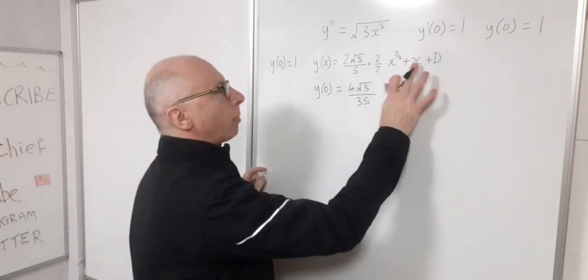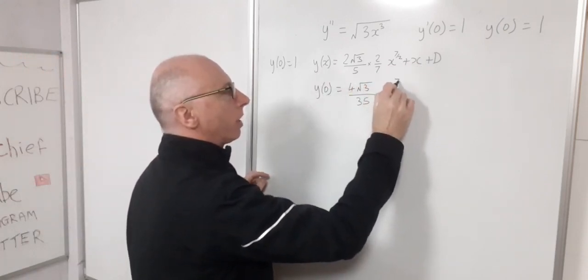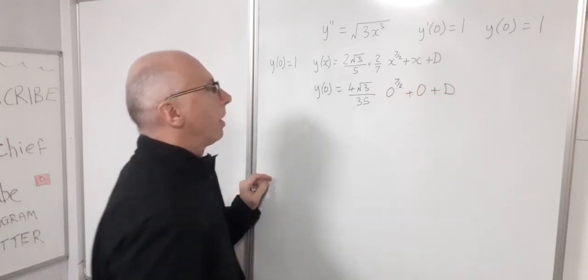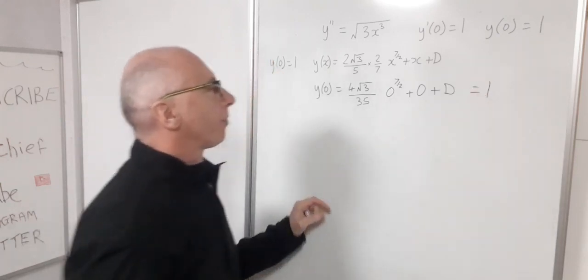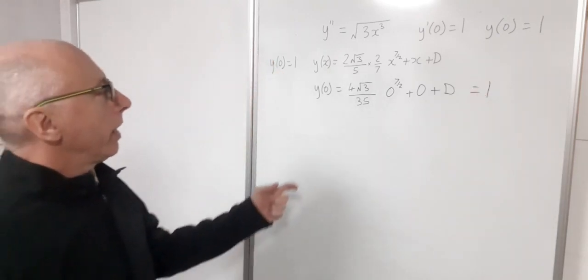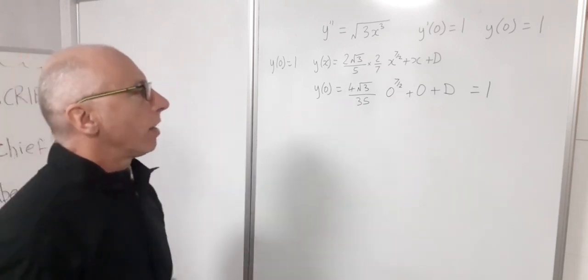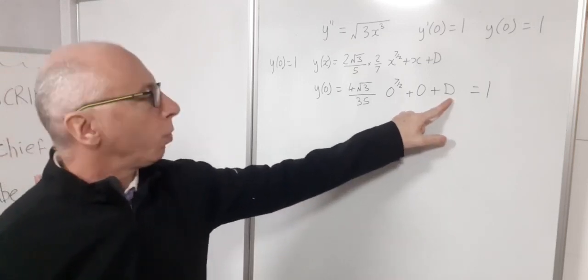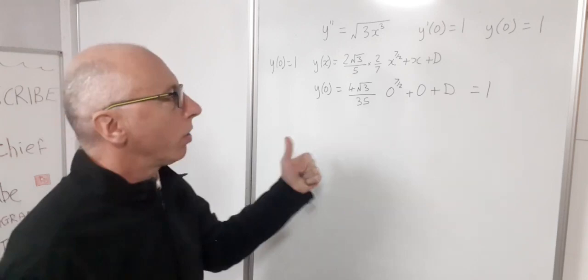Now when we see an x we plug in a 0. So now we've got 0 to the 7 over 2 plus 0 plus d, and that all equals 1, which is our condition. Where x is 0, we find that d is equal to 1, because these all disappear and we're just left with d equals 1.